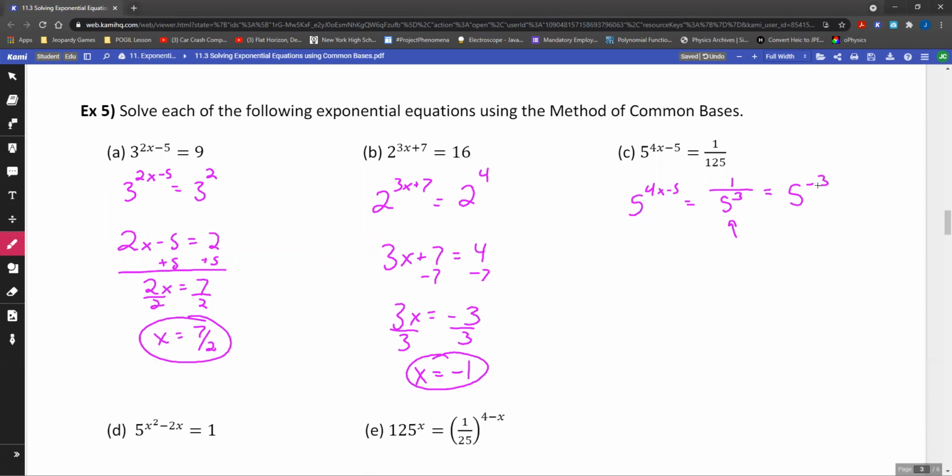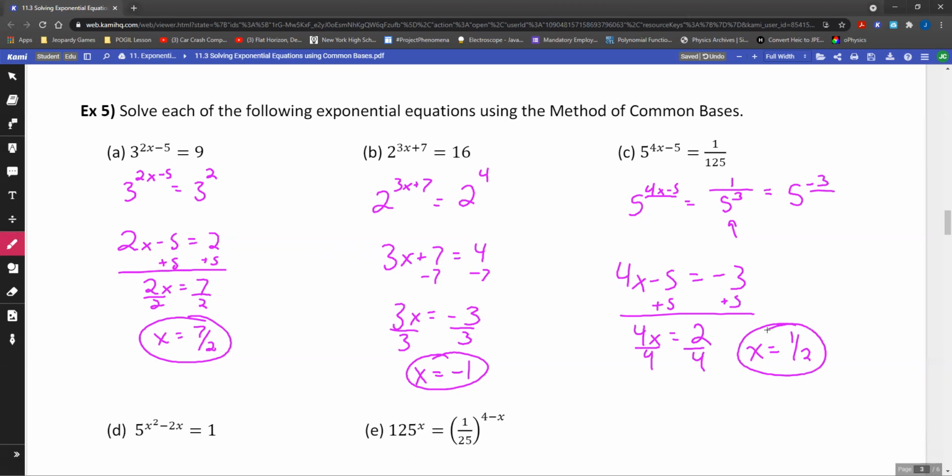So I'm going to set these exponents equal to each other. 4x minus 5 equals -3. So add 5 to both sides. And I get 2. Divide both sides by 4. And I get 1/2.